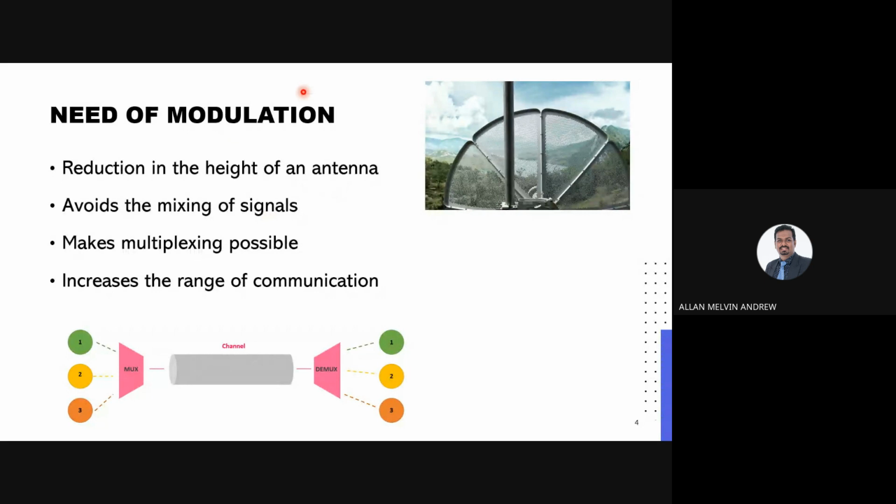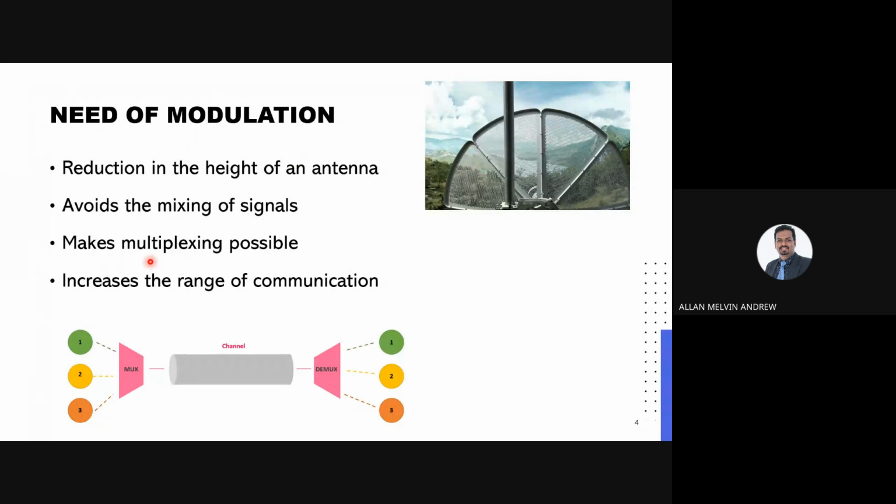When you have modulation, you don't need a very long or very tall antenna, so we can reduce the size of the antenna. That is one of the needs. Then, we avoid the mixing of signals. We don't want to mix with other signals, which can cause interference. We want to avoid that, and it can be avoided using the modulation method.